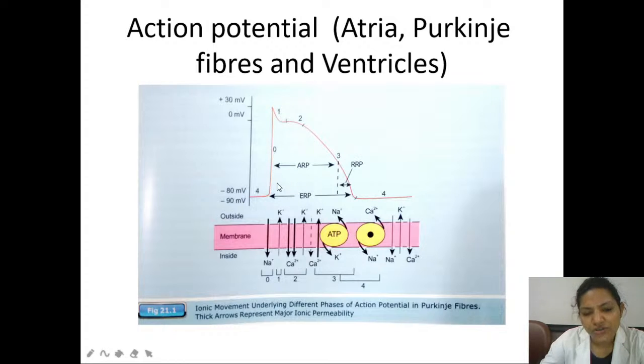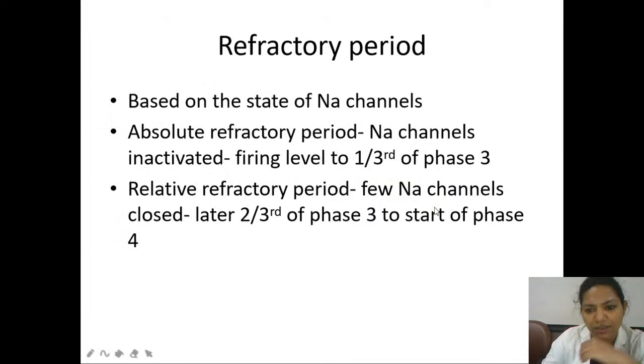After the threshold is achieved, we call it the firing level. From the firing level till 1/3 of phase 3 is completed, right? So this is the absolute refractory period. During this period, no matter what the strength of the stimulus, another action potential will not be produced.